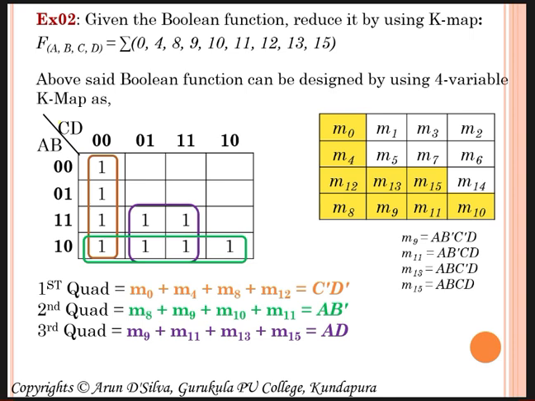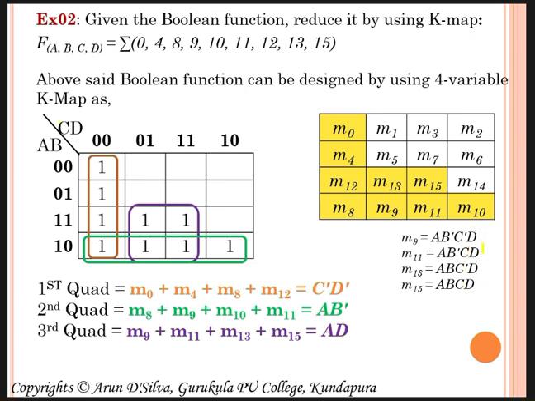In another way, now M9, the min term is AB dash C dash D, M11 is AB dash CD, M13 is ABC dash D, and M15 is ABCD. Now if you see here, A remains the same. B, if you see B dash, B, B, is changing state. C, if you see C dash, C dash, C, C also changes state.